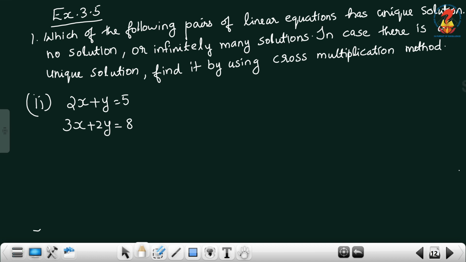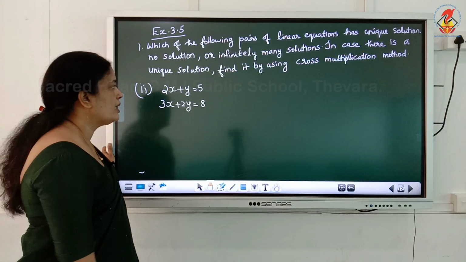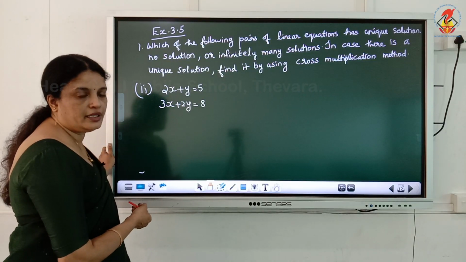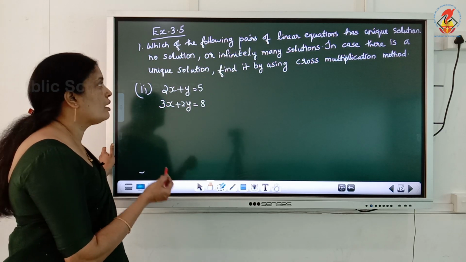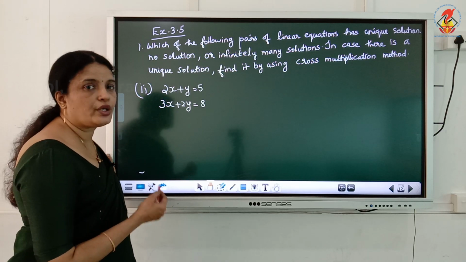Which of the following pairs of linear equations has a unique solution, no solution or infinitely many solutions? In case there is a unique solution, find it by using the cross multiplication method. We have to find out whether this linear equation has a unique solution, no solution or infinitely many solutions. How can you check?